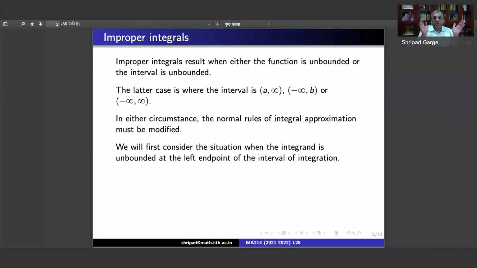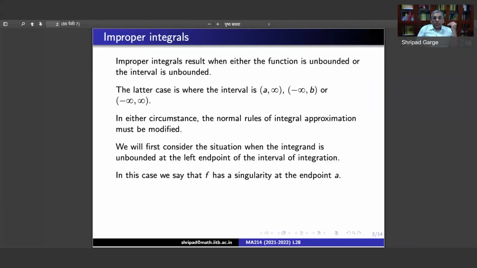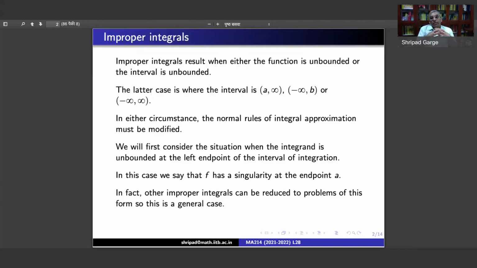We assume our endpoints are bounded: real numbers a and b, and the integral from a to b of a function f, where f is not bounded at a. In fact, every other improper integral can be reduced to problems of this form, so this is not a special case but a very general one.